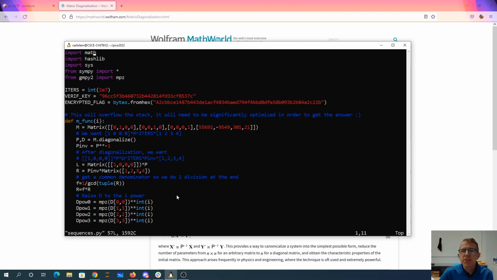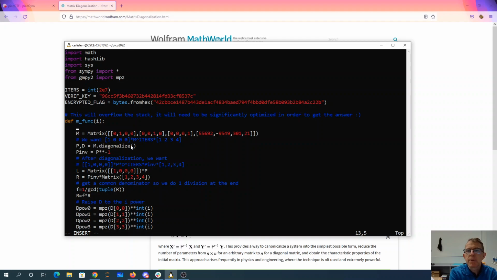That we've got. In their original code, they had this recursive function, and the recursive function looked like basically we were saying: return 55692 times m func of I minus 4, plus this negative 9549 times m func of I minus 3, plus 301 times m func of I minus 2, plus 21 times m func of I minus 1.